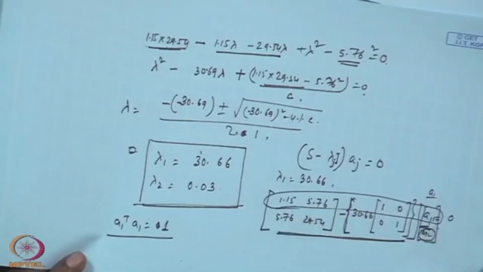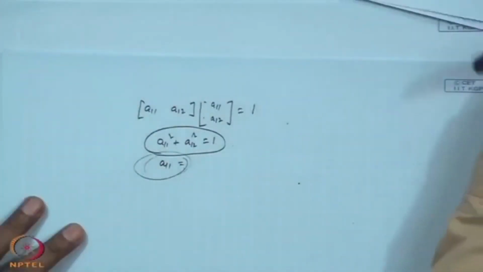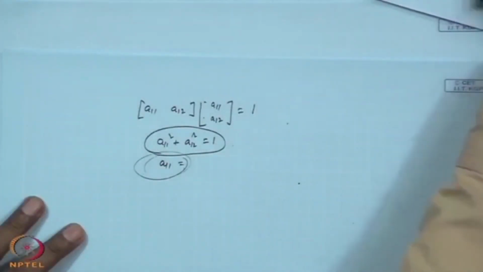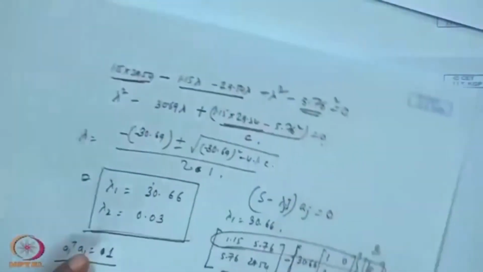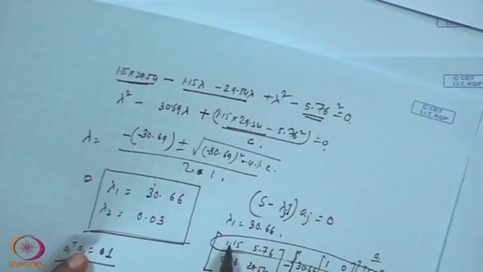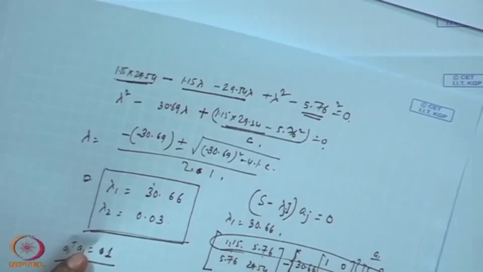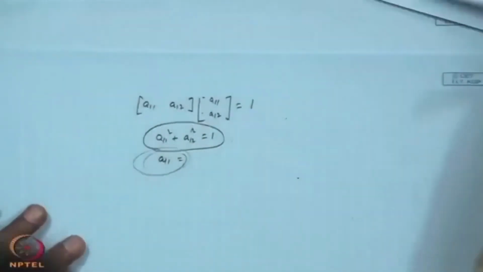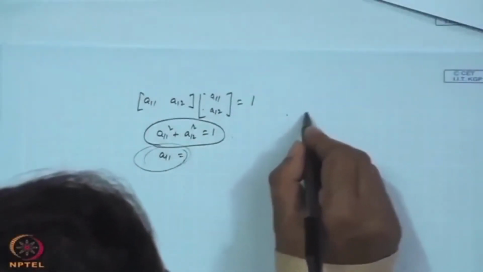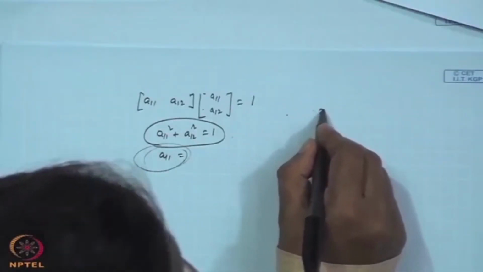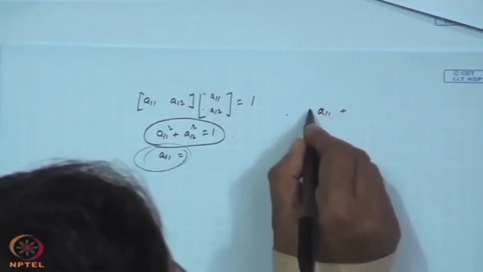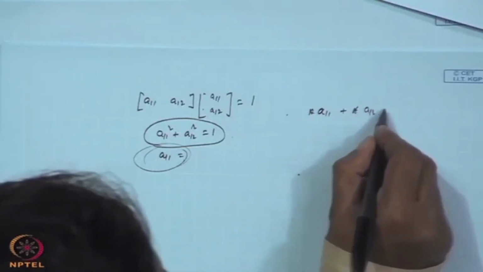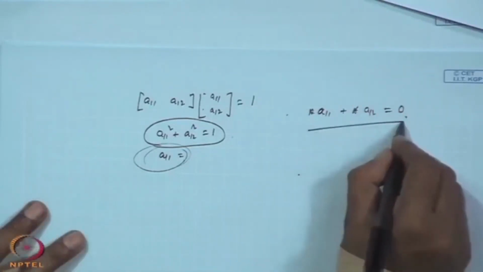A1 is already there and one relation you will be getting from here, because this is 2 by 2, this into this plus this into this. So, it is a two-variable equation like this: some value into A11 plus some value into A12 will be 0.